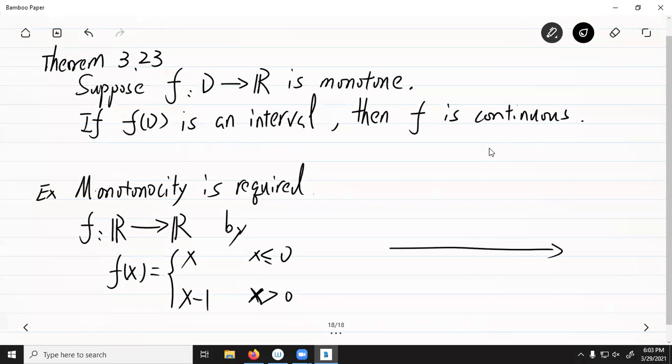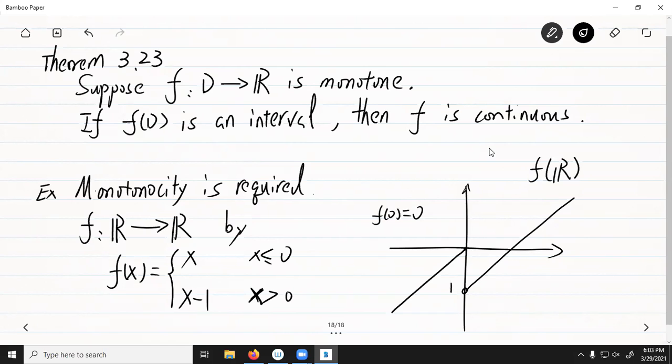So the graph will look like this. Less than or equal to 0 is x. Greater than 0 would be 1 minus x. This is the graph for this function. Here f of 0 equals 0. What is the range, f of R?